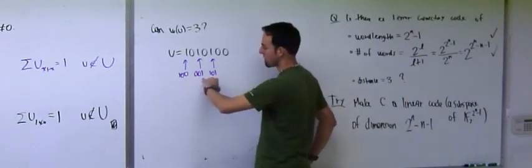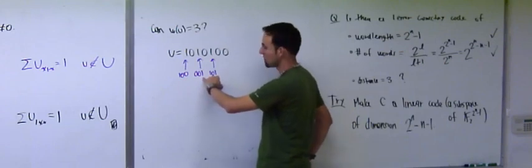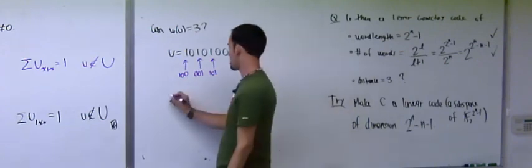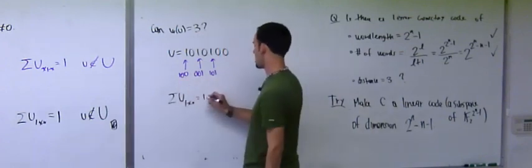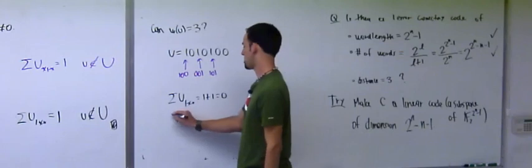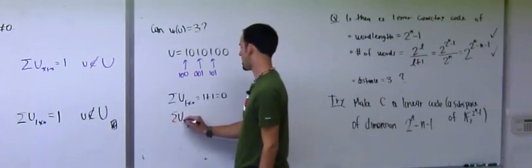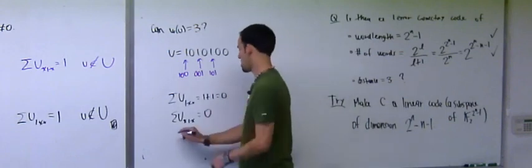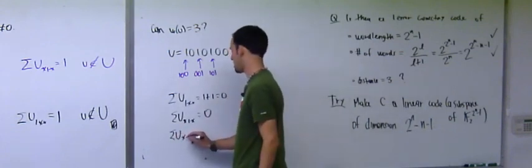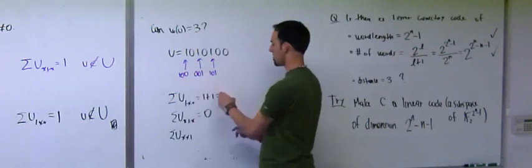In the third coordinate there are two 1s. And so therefore the summation of u1** is 1 plus 1. The summation of u*1* is nothing. And the summation of u**1 is 1 plus 1.